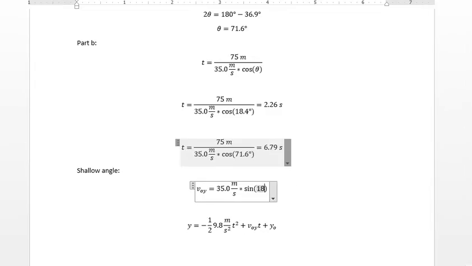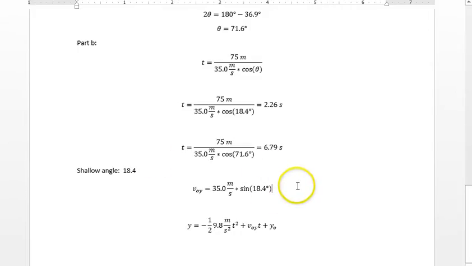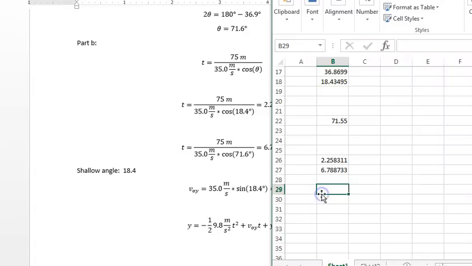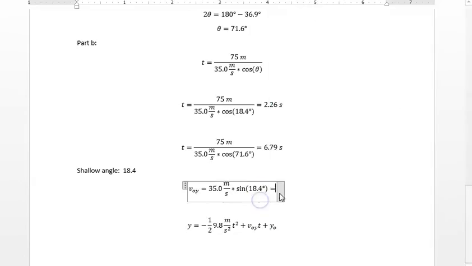So sine of 18.4 degrees. All right, and so v naught y equals 35 times the sine of radians of 18.4. V naught y is 11.04 meters per second.